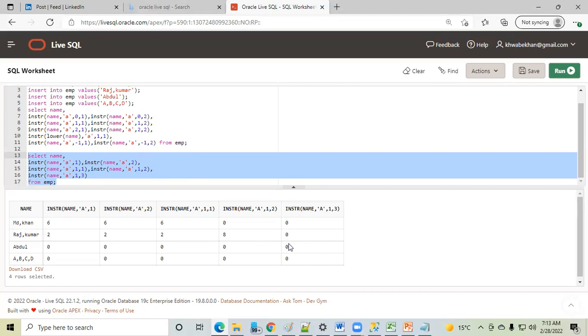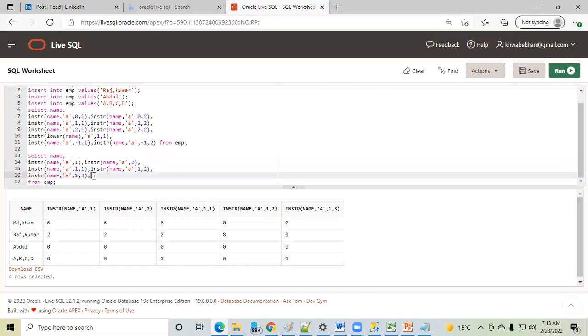So far, is it clear? Yes. Okay, now name, comma, a, and I'm repeating one thing. Here we are searching for letter A. Don't get confused.